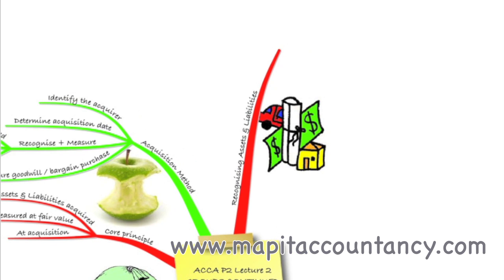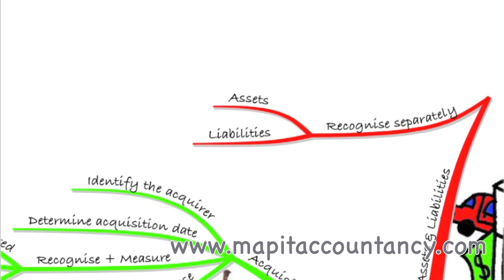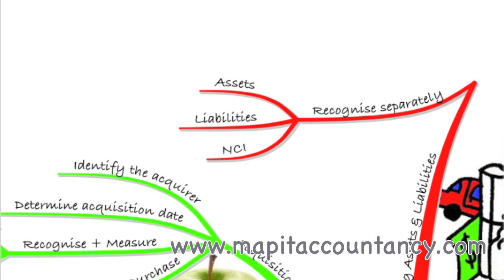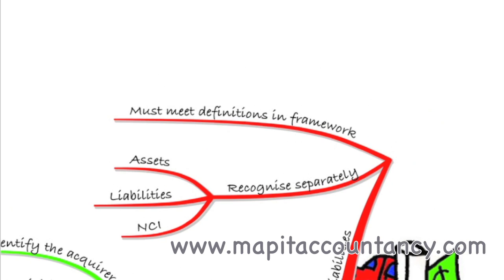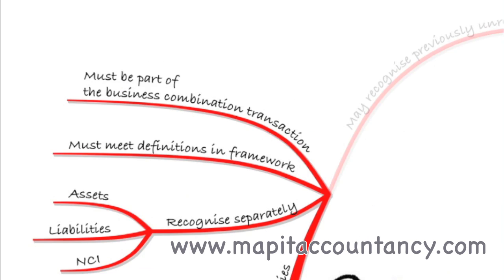So looking at assets and liabilities, IFRS 3 says that we need to recognise separately the assets, the liabilities, and the non-controlling interest, and it tells us how to do that. First of all, they must meet the definitions in the framework. So the assets and liabilities must meet the definitions of those assets and liabilities in the framework. And they also must be part of the business combination transaction. They must form part of the transaction to purchase the subsidiary.